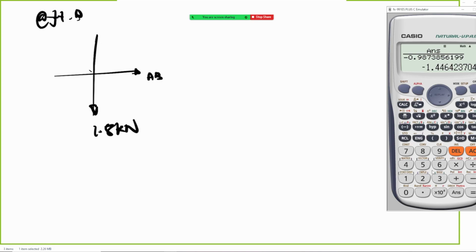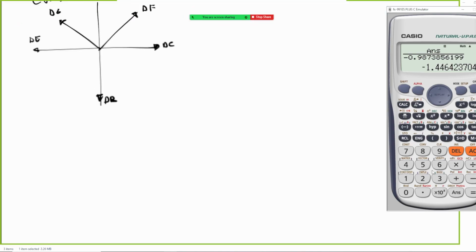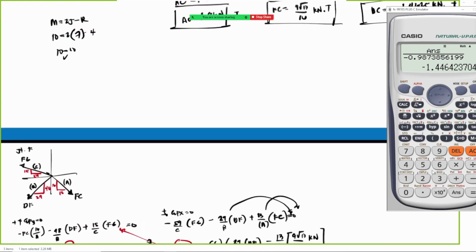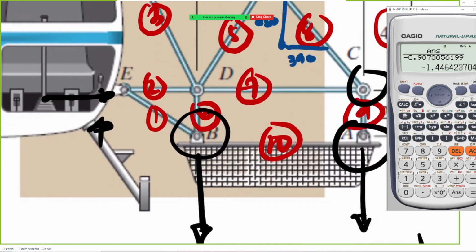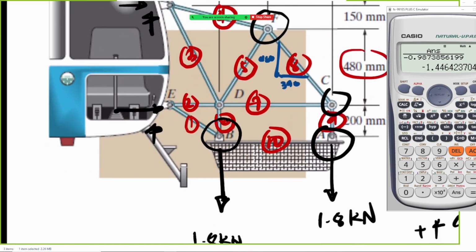Okay, and then meron ka ditong BE, and then your DB. Okay, as you can see, ayan. So member B, meron kang AB, 1.8. Okay, this is AB, 1.8, BE, and then ito yung kailangan natin, which is BD. Okay?